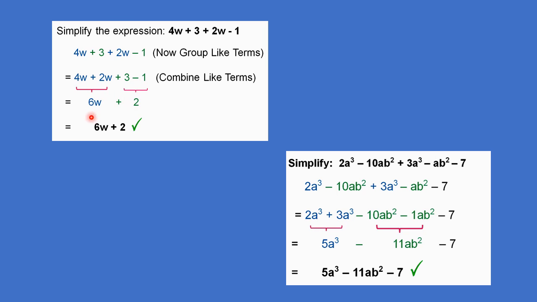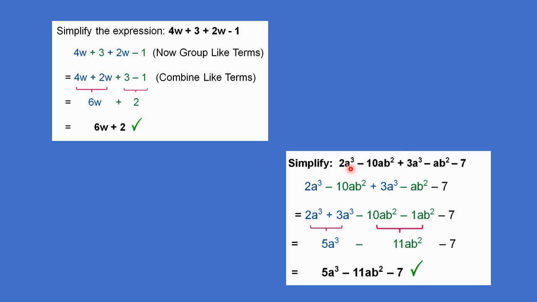So you can simplify this expression down to 6w plus 2 because we've combined our variable terms and we've combined our constants, which are numbers that do not have variables. So you can combine those together and end up with 6w plus 2. Let's look at one more example like that.